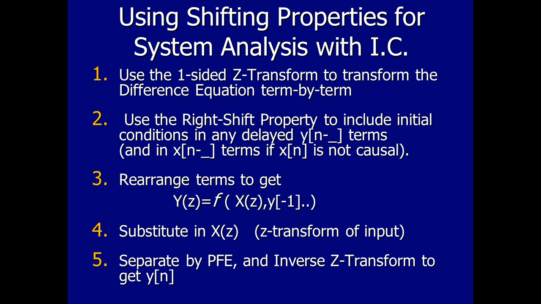Z times 6z minus 5 over z minus 1 times z minus a half. Whew. So that's my y of z.